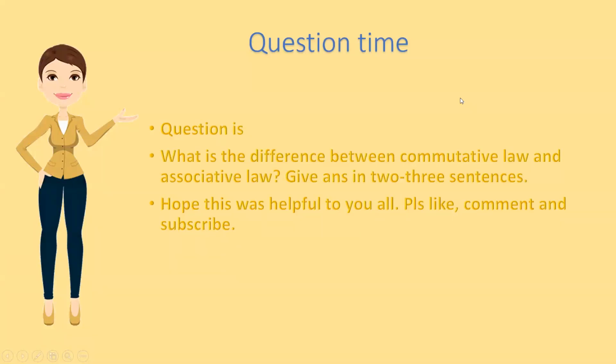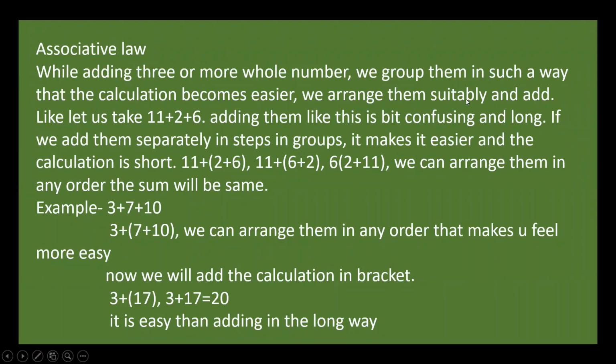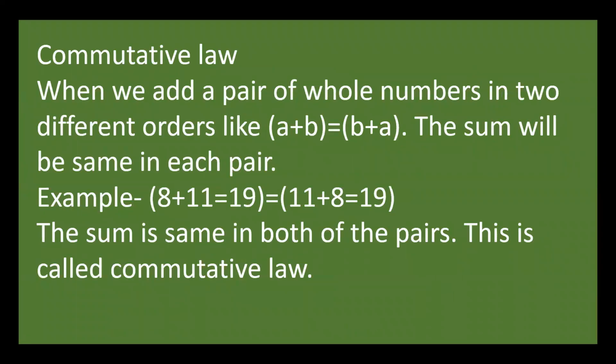So now we are done with all the properties. Let me first explain briefly the difference between associative law and commutative law. In commutative law we add two numbers that are in pairs, and when we add them in both ways, we get the same answer.